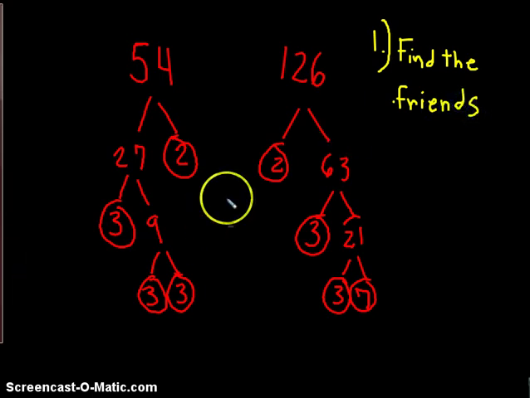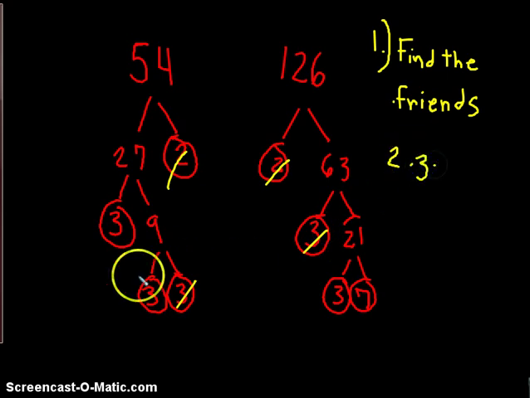So we find the friends and we write them down once, just like we do for the GCF. They both have a friend named 2. They both have a friend that is a 3, and they both have another friend that is a 3. 2 times 3 is 6. 6 times 3 is 18.